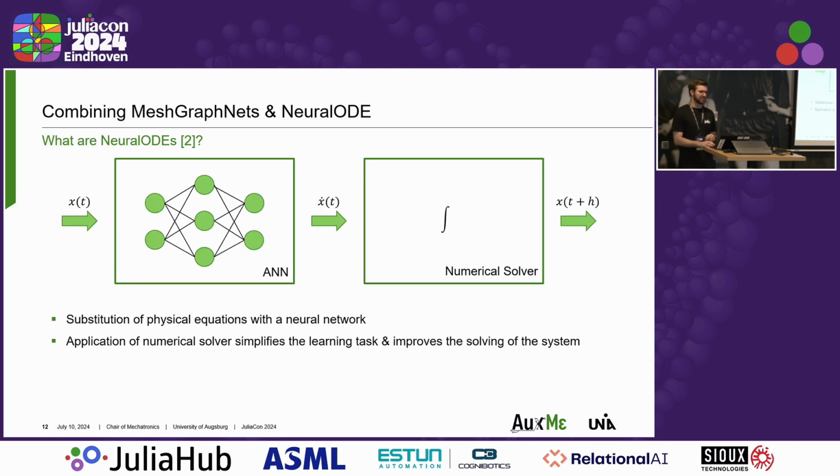So, just a quick introduction, since we're at the SciML track, I'm pretty sure most of you know what NeuralODEs are. Basically, you have a neural network that you use instead of your physical equations, or you calculate your state derivative with the neural network, and you can use a numerical solver, so the network doesn't have to learn all the stuff the numerical solver has to do.